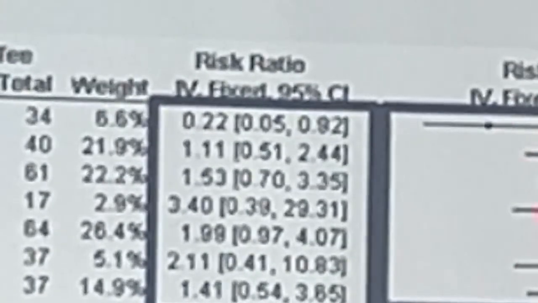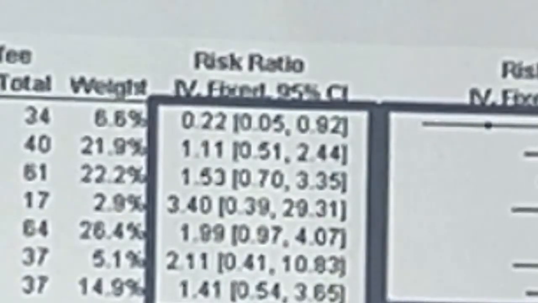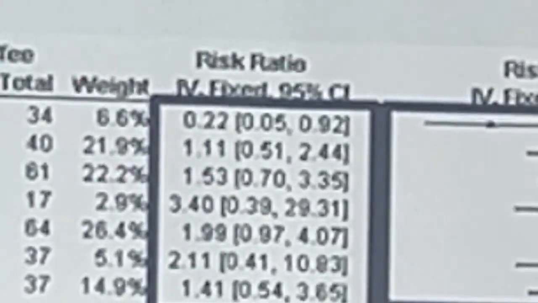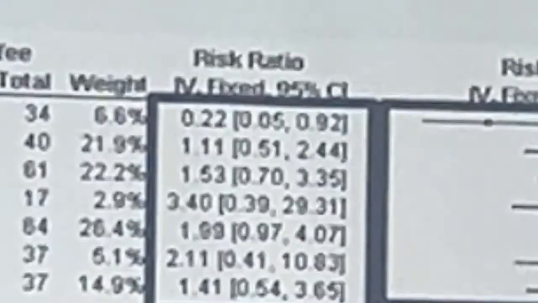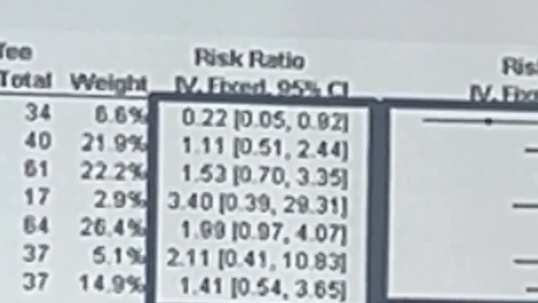Then each study has a representation within the forest plot. Each square represents the size of each study. The lower the variance, which is related to the 95% confidence interval, the larger the study weight. And usually, the bigger the sample size, the larger the study weight.